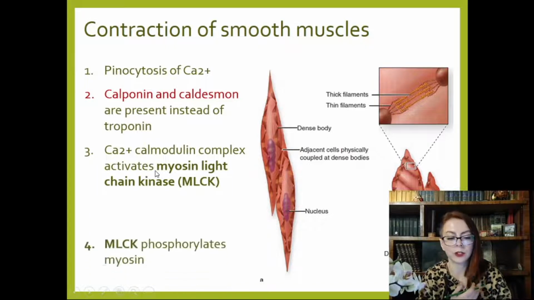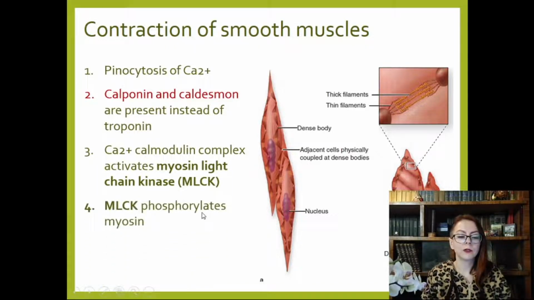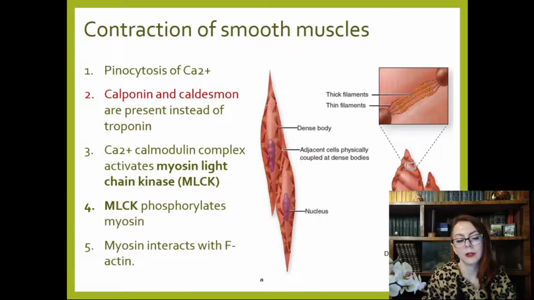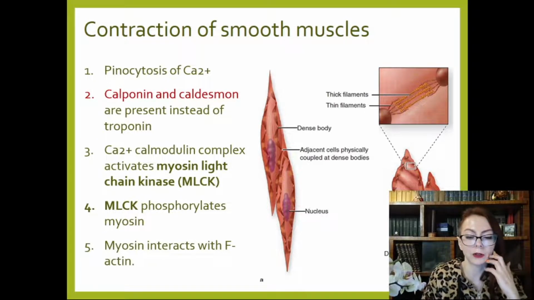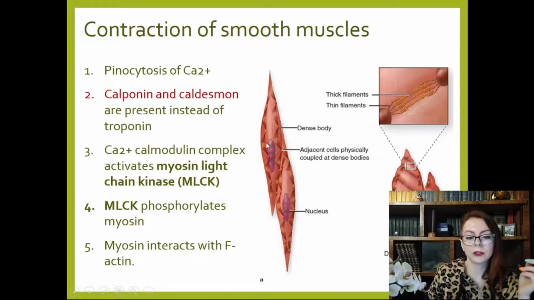That's what we have just discussed. And this kinase phosphorylates the myosin. As a result, myosin interacts with the actin. And then ATP is used to release this pulling force and to contract the cell. As a result of contraction, the nucleus gets coiled, and that's how we can confirm that the muscle is contracted, by the shape of the nucleus.